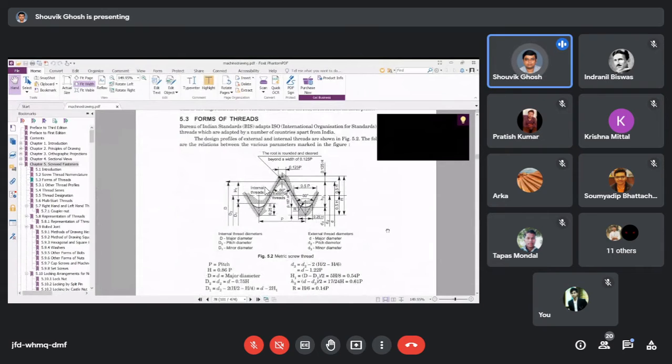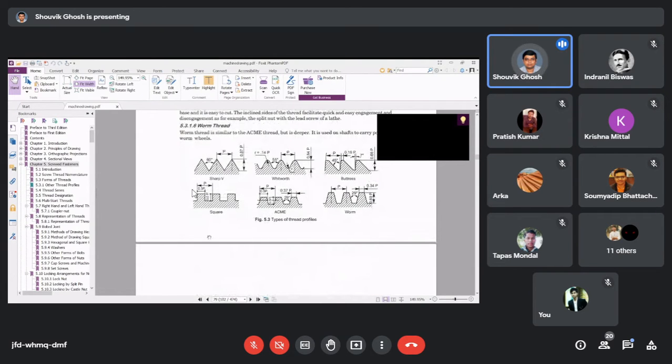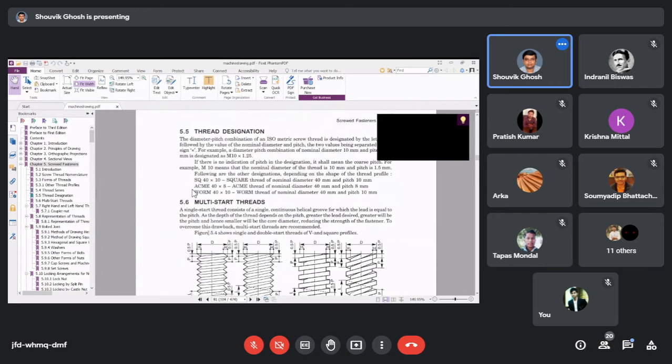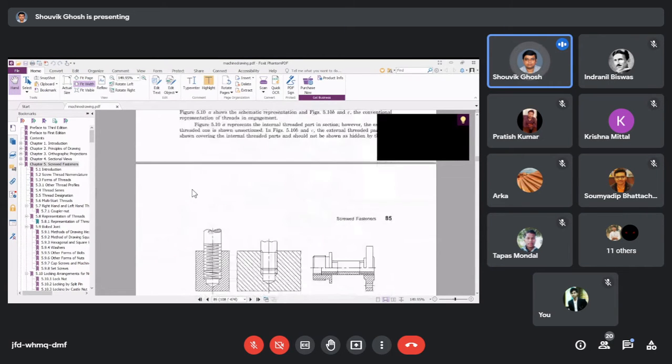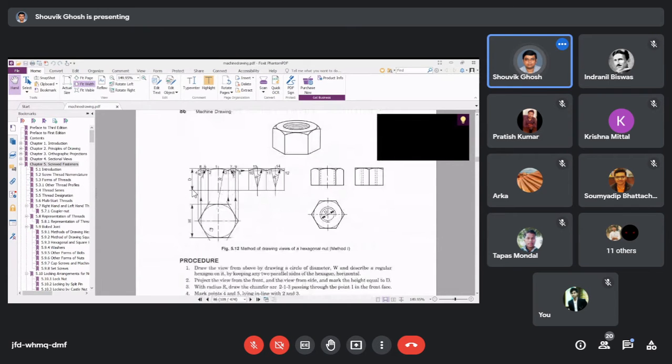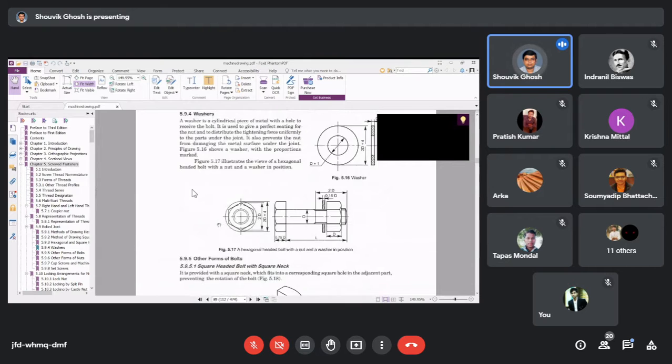One calculation will be given based on the value of D or whatever is required, and this particular type of threads, then the different types of bolts in one sheet along with the calculation, and different types of nuts.